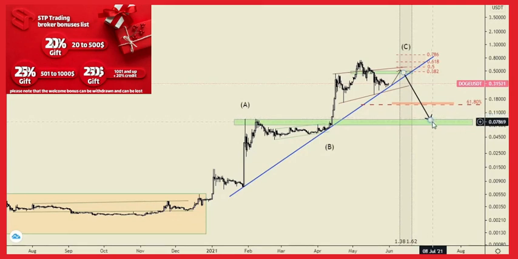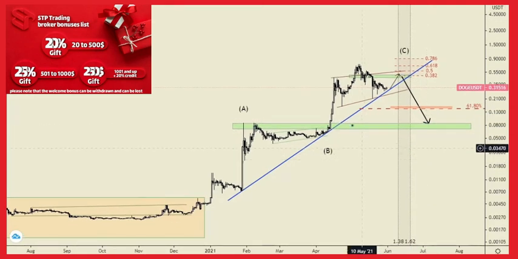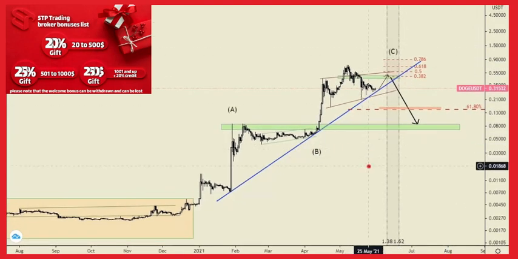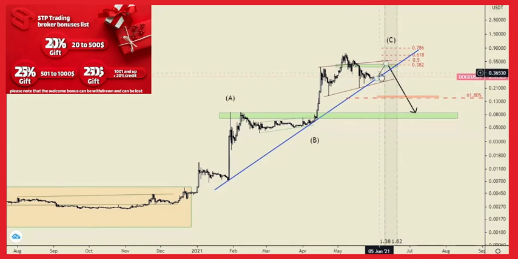But another scenario is that this pattern of A, B, C, D, and E can be a triangular pattern. In this scenario, the fifth wave of the C wave can raise itself up to the specified levels, and the most common level is 50% depending on the slope of the pattern, but it can reach 61 and 78%.